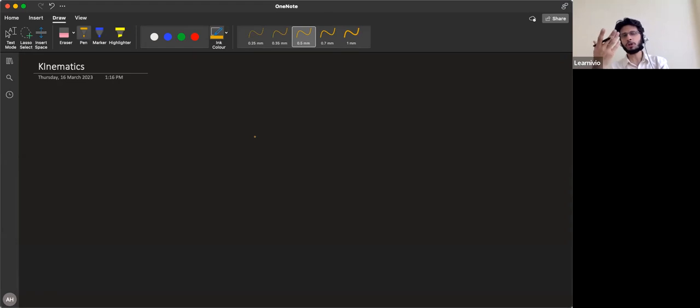Without some topics of kinematics and laws of motion, you can't attempt questions of electrostatics. You can't attempt questions of magnetics. Similarly, you need these topics in modern physics also. So the first thing is the concept of distance and displacement.